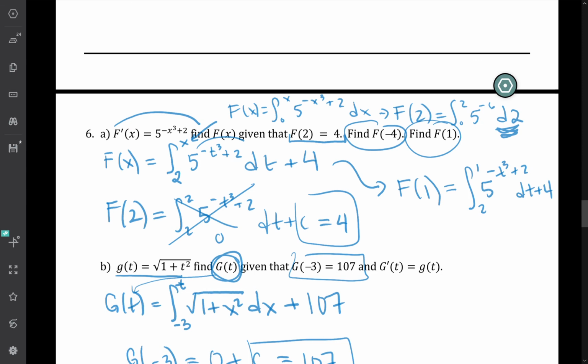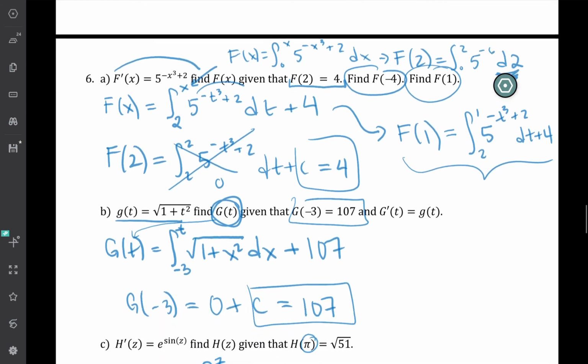But that is better than the nothing at all that we had before. So before this theorem, I wouldn't even be able to write down any way to find values of big F. I now have this formula that tells me how to find values of big F. I do need technology to use that formula, but at least I have a formula. Okay, so I think that's it for number 6.